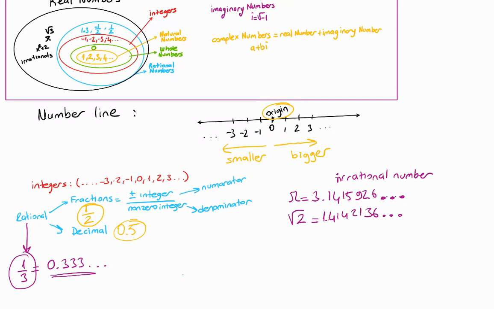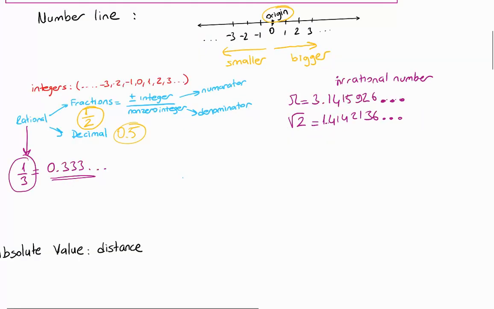So it's rational, but we cannot express irrational numbers as fractions. This is the difference. Okay, hopefully we get the idea.